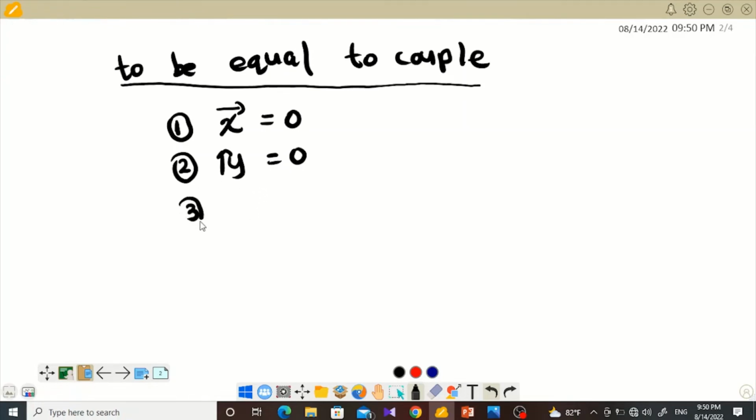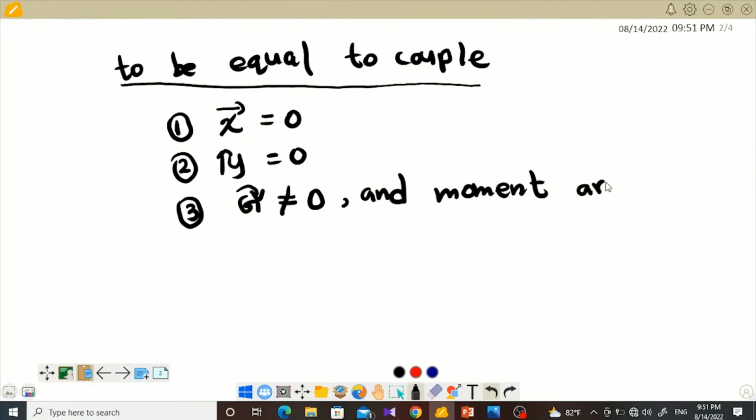Third one is moments around any point must not equal 0, and moments around any point must be equal.